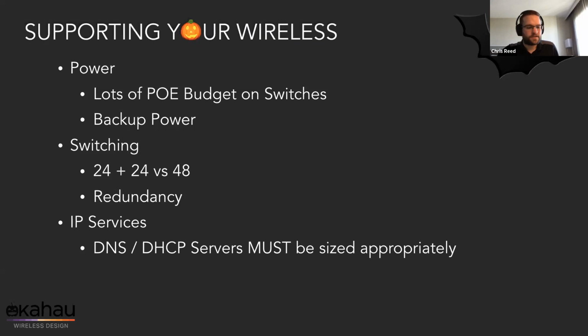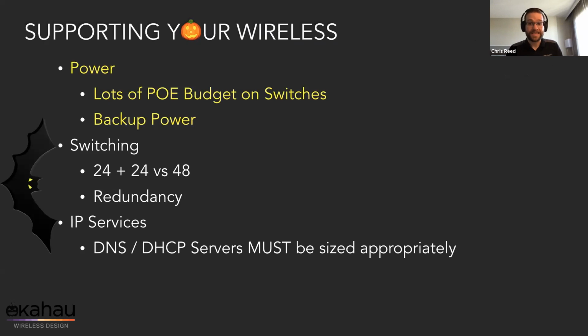Sure. So it talked about the power, both from a mains power, a UPS power, and for the APs. LPV in stadiums are unique in that you're going to have a lot, or almost all, if this is a Wi-Fi only network, of the connected devices relying on PoE. So if you're using AT and you're planning for 30 watts per port, a 48 port switch, just PoE, we're not counting any of the actual switch processing, you're at 1,440 watts of power per switch.